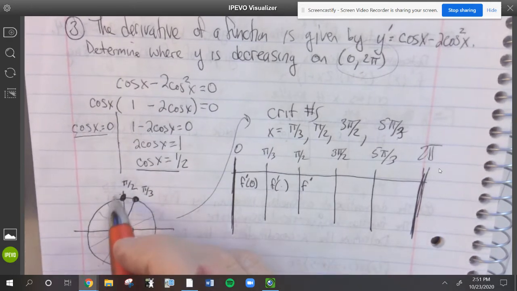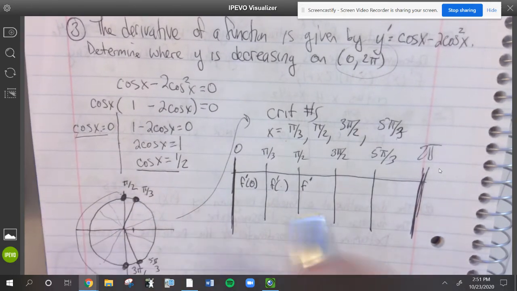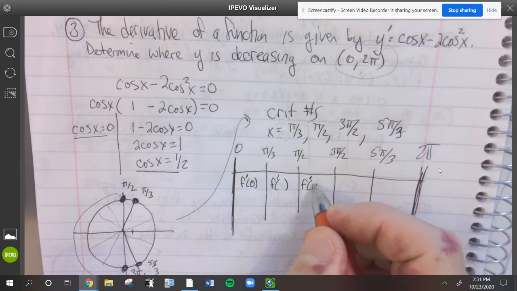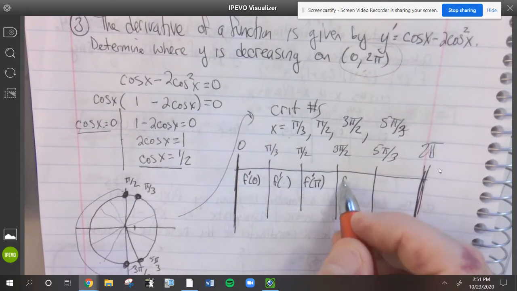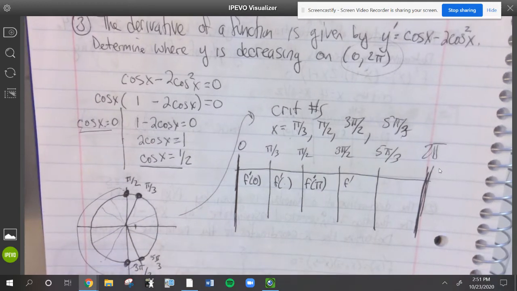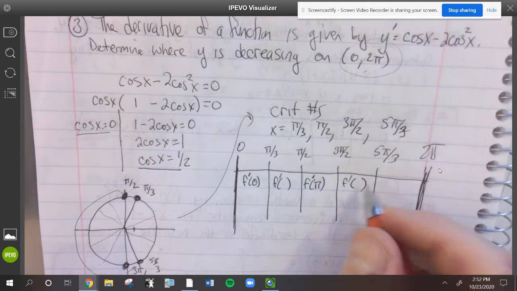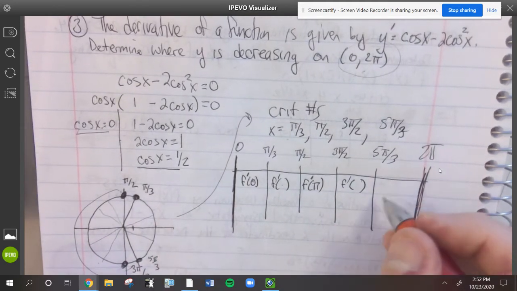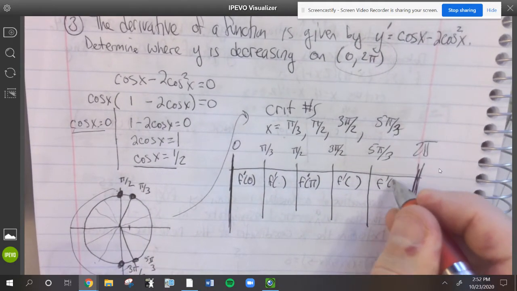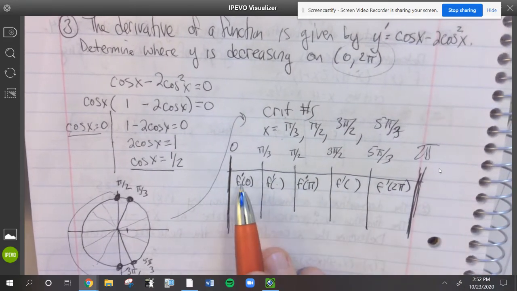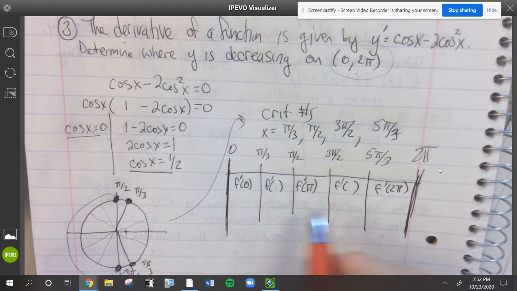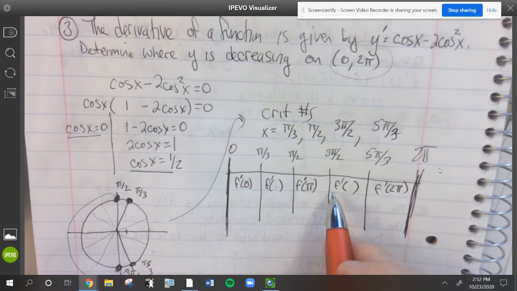In the next interval, that's easy, we'll just use pi. The next interval, we have the same issue as the previous one, finding something between 3 pi over 2 and 5 pi over 3. And then the last interval, we're going to do f prime of 2 pi, and that's going to be easy because it's the same as f prime of 0. So these two intervals I'm going to get back to because those are going to take some explanation.